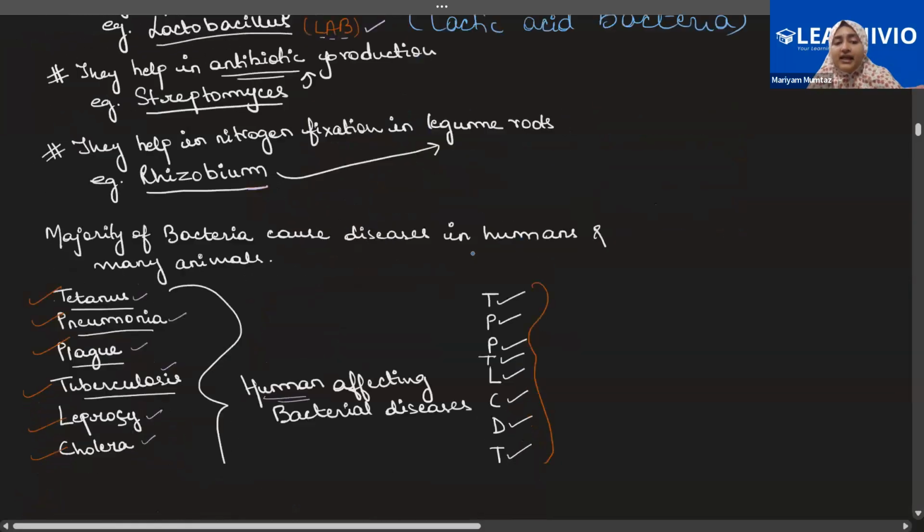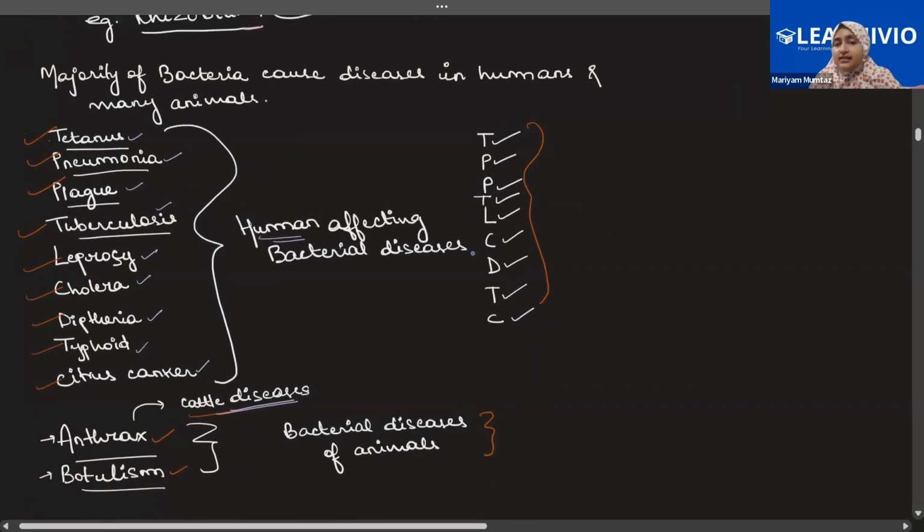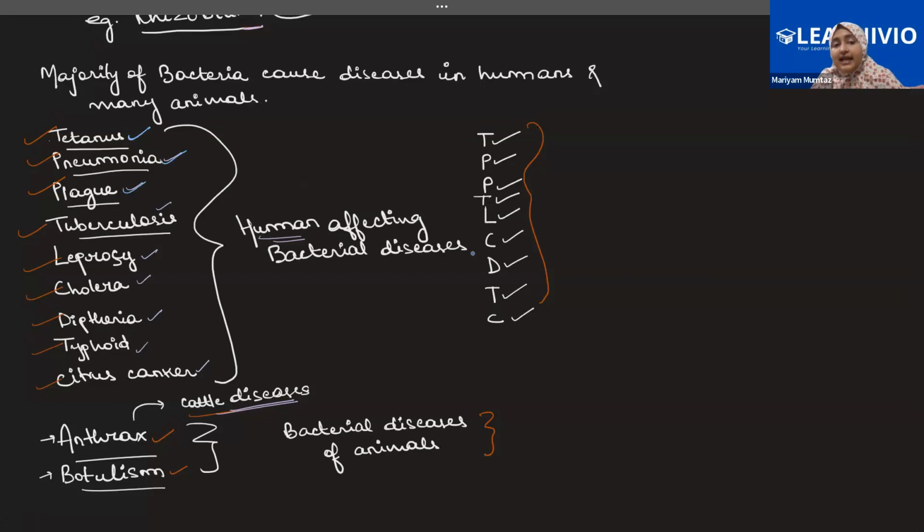Now, there are many bacteria that cause serious diseases in humans, such as tetanus, pneumonia, plague, tuberculosis, leprosy, cholera, diphtheria, typhoid, citrus canker. All of these are diseases caused in humans by bacteria.